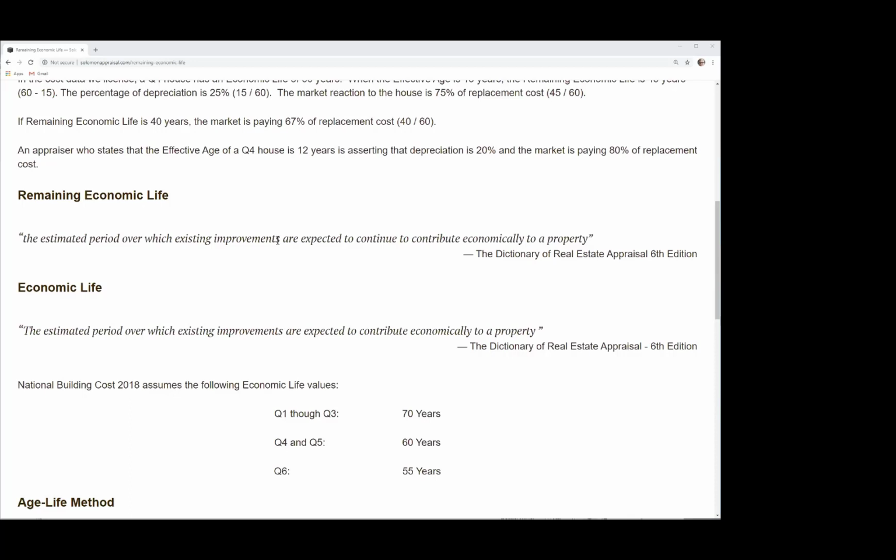It might have just been renovated, but it fails to contribute economically to the property if people are buying houses like that and tearing them down to build 4-bedroom, 4 garage stall, 4 bathroom dream homes, right? Because it happens to be in the right neighborhood. And we've got a neighborhood like that in my market. I'm sure you've seen those too.